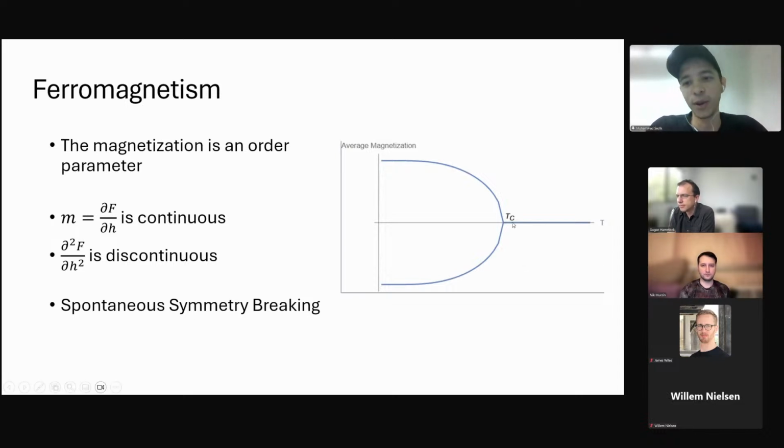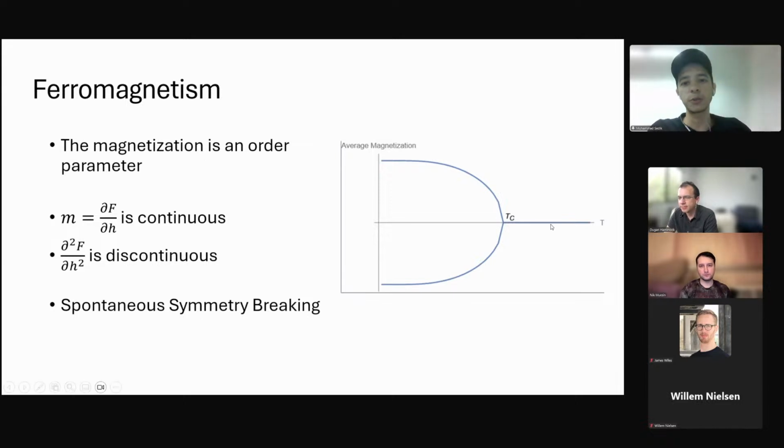What happens is the system spontaneously breaks the symmetry between up and down. It just picks a direction. It could choose the positive magnetization or the negative magnetization. The finite value is the same, but the sign of the magnetization is randomly assigned. Does this make sense? Yeah.